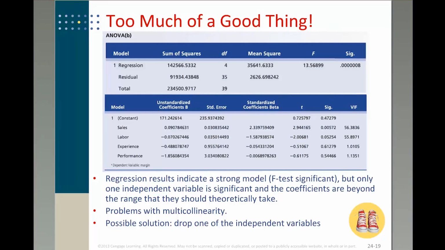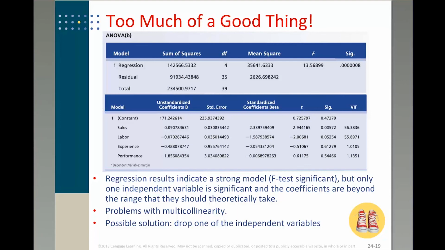If you take a look at the values for sales and labor, they are very high, 56 and 55. That means sales and labor are highly correlated in our model. This may happen if you try it for your own revenue data. And that just means you got several independent variables that are highly correlated.